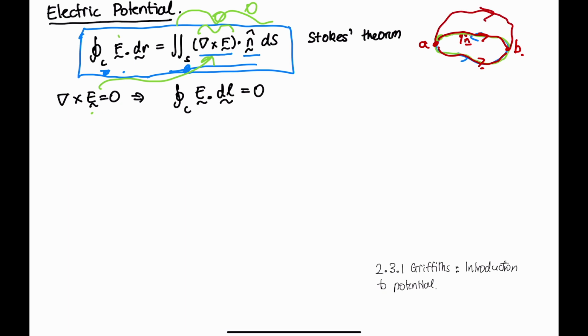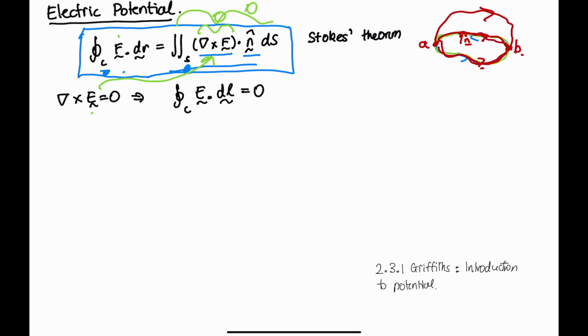However we get from A to B, we must have the same number. So getting from A to B is independent of path. And that's true because however we get back, we're still going to be 0.